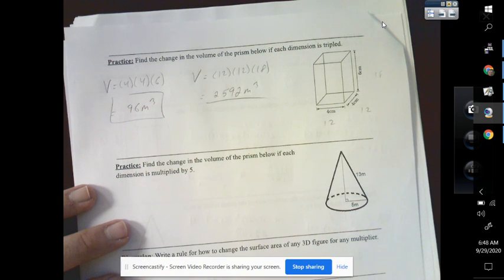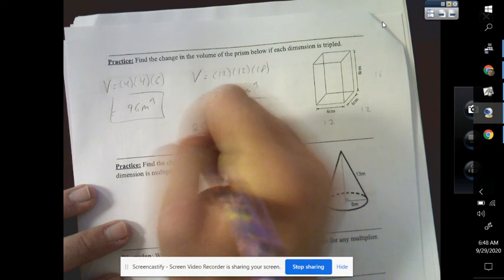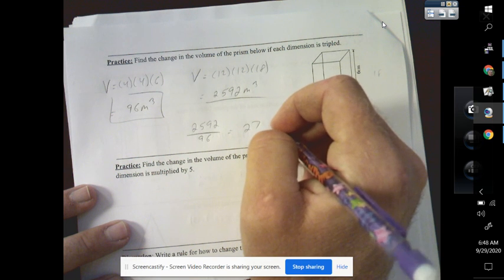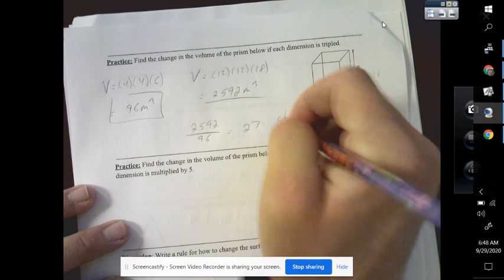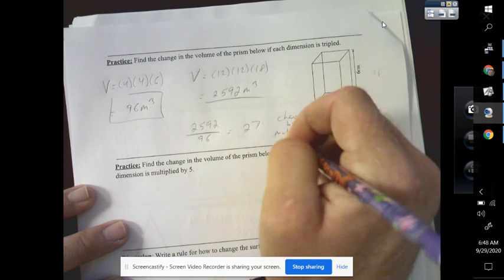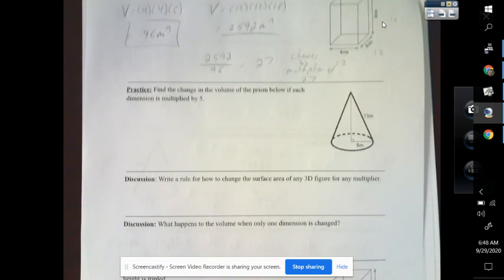If I want to figure out the change, I can take 2,592 and divide it by 96, and we're going to see 27. It changes by a multiplier of 27, which again is 3 to the 3rd power. You can already see where we're going with this, right?